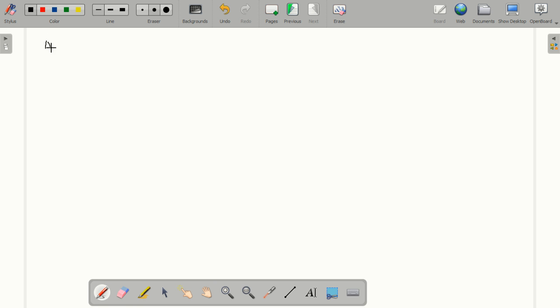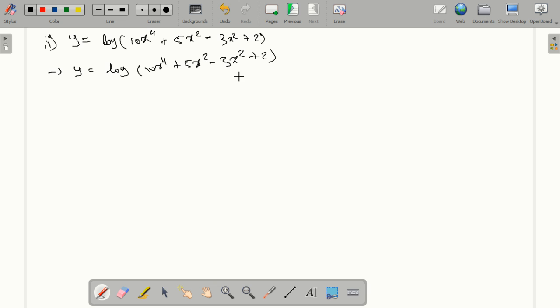The second example is y is equal to log of 10x raised to 4 plus 5x cube minus 3x square plus 2, right? So we are going to write this y again: y is equal to log of 10x raised to 4 plus 5x cube minus 3x square plus 2.